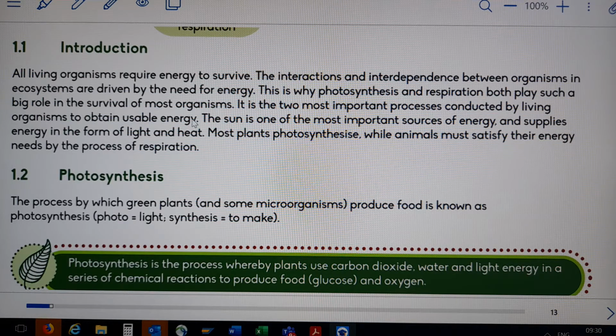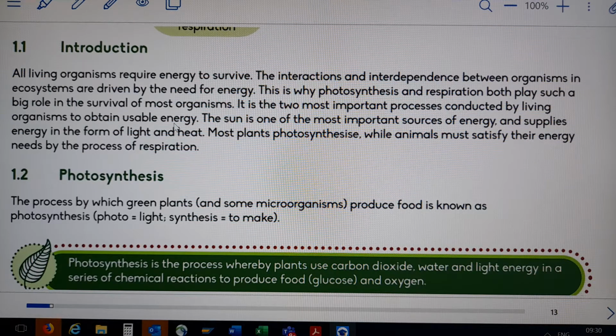Okay, let's start and read this line again. It is the 2 most important processes conducted by living organisms to obtain usable energy. For all living organisms to obtain usable energy, we need both respiration and photosynthesis.